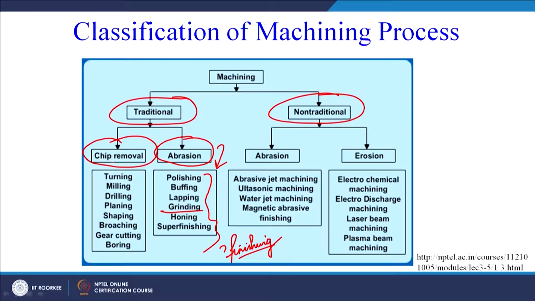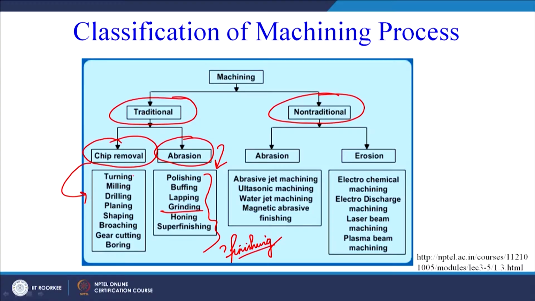The chip removal processes are basically the major stock removal. For example, you have a 10 millimeter thick metallic plate and you want to make a hole of 8 millimeter diameter. How do you make the hole? You will use a drill and remove the material from there. A lot of material would be cut in order to produce that hole in a 10 millimeter thick plate.